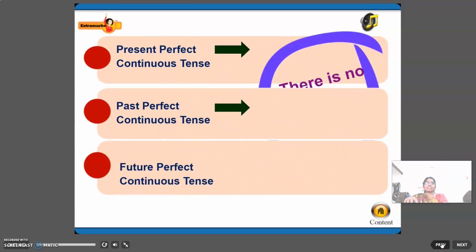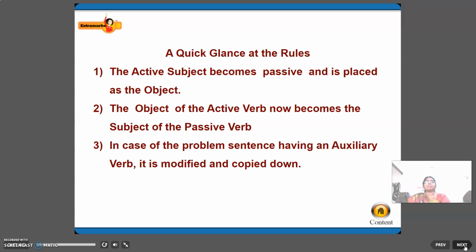Passive voice. Okay, children? Is it clear? No passive voice for present perfect continuous tense, past perfect continuous tense and future perfect continuous tense. Keep this in your mind. There is no passive voice.